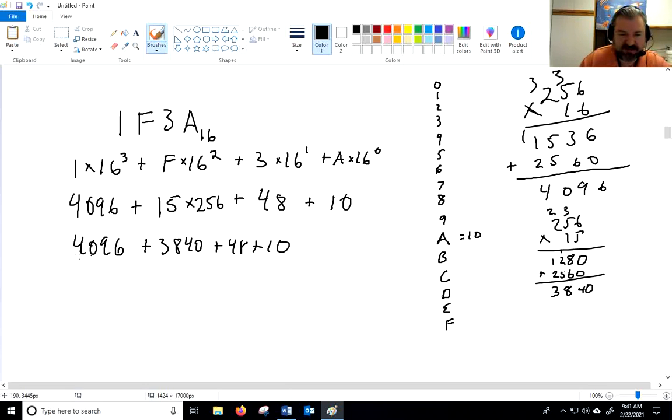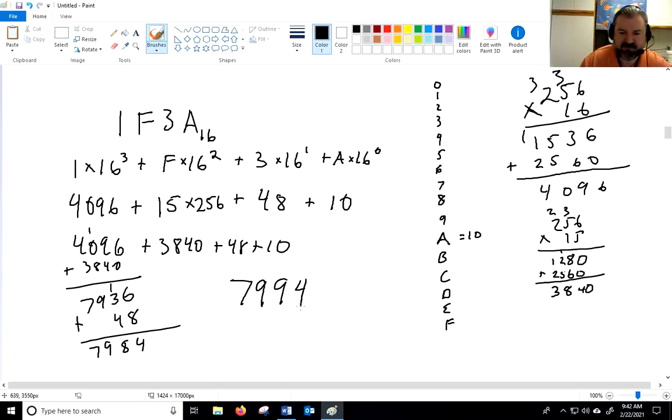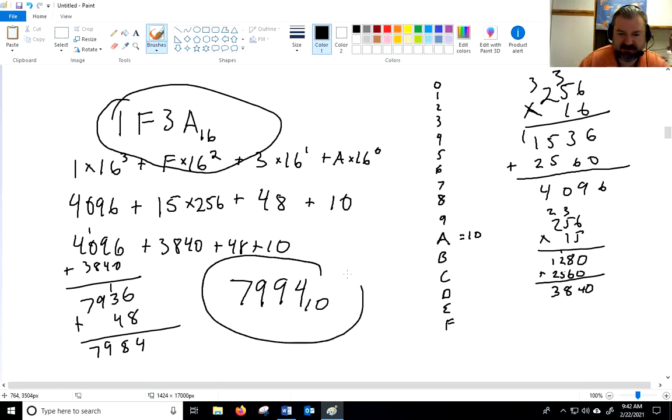Well, let's add these two together right quick. That's 7,936. Hopefully I'm not making any little arithmetic errors. That's not really the point anyway. I'm just trying to get you the idea of these number systems. So 7,984. And now I just have to add 10 to that. That's easy. 7,994 in base 10. That's what this number becomes in base 10.